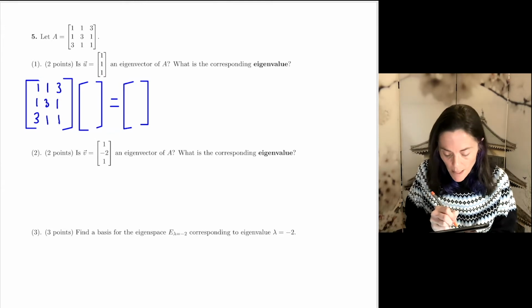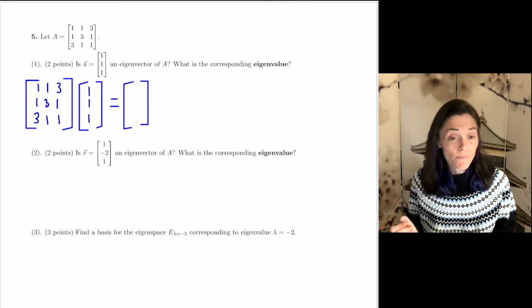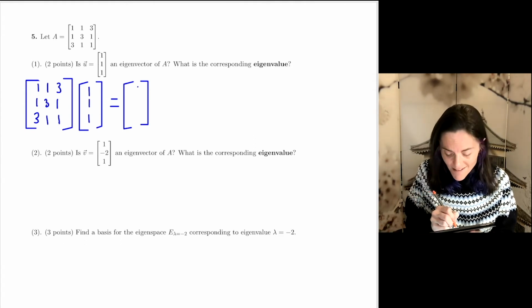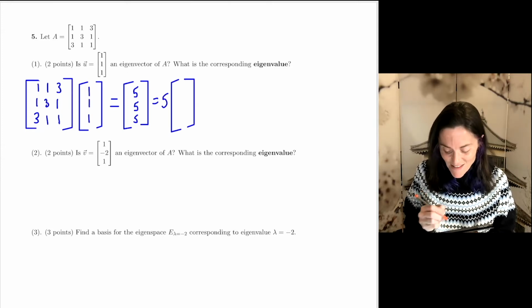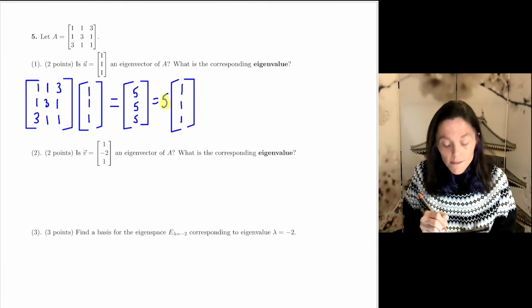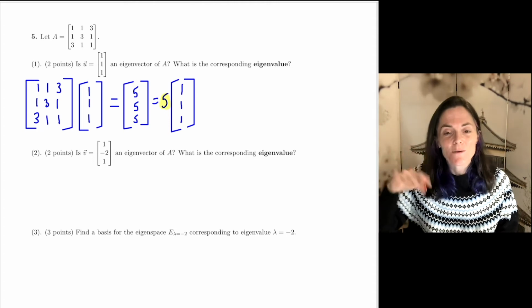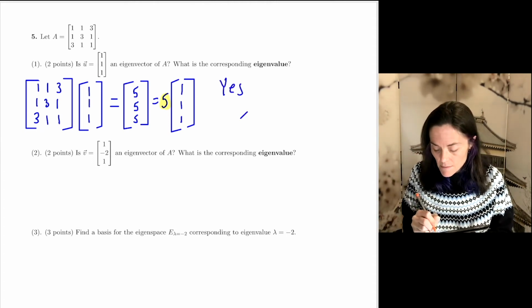So when we multiply this matrix times this vector, well, you see, we get 5, 5, and 5. And this is 5 times the vector 1, 1, 1. And so the answer is yes, because AU is a multiple of U. The answer is yes, and the lambda is 5.